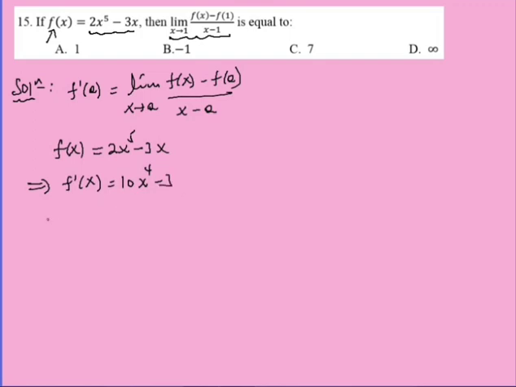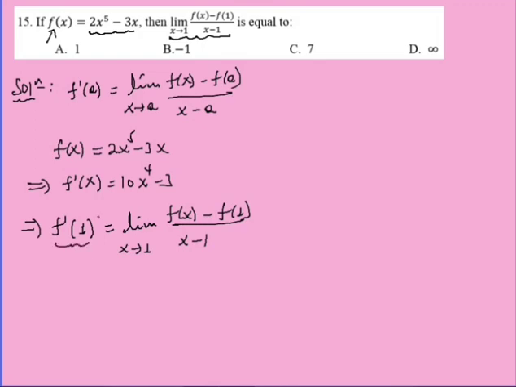So now f prime at 1 is equal to the limit of f of x minus f of 1 over x minus 1 as x approaches 1.